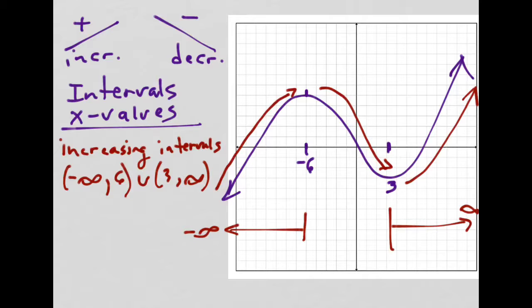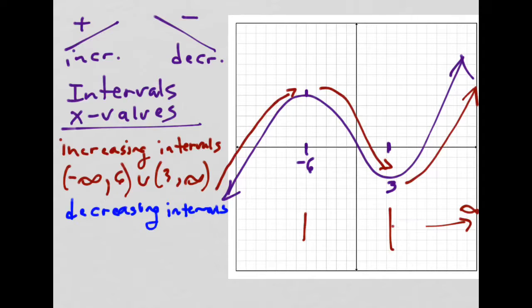Always use smooth brackets when you're representing increasing and decreasing intervals in interval notation. All right, now let's talk about the decreasing intervals. All right, so decreasing intervals. All right, so let's move this. So now the decreasing part is in between. All right, so decreasing intervals start at negative.